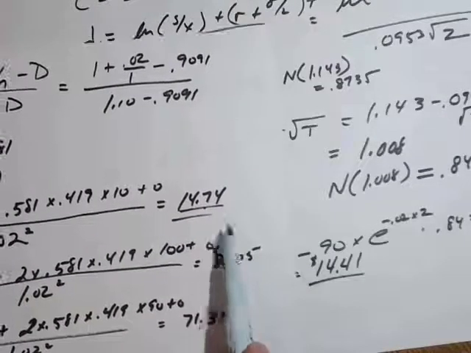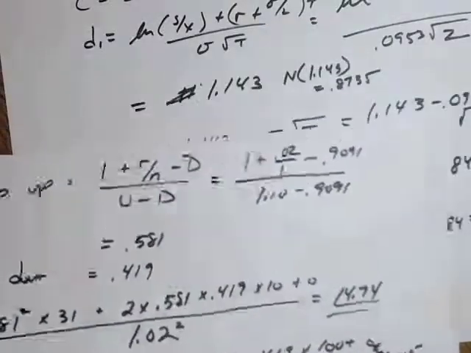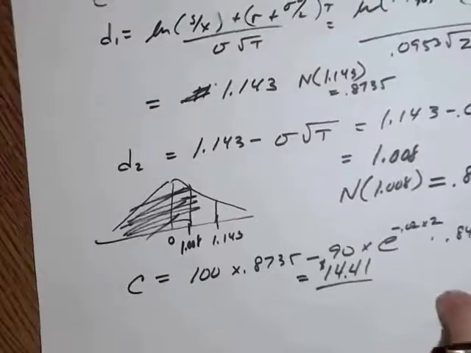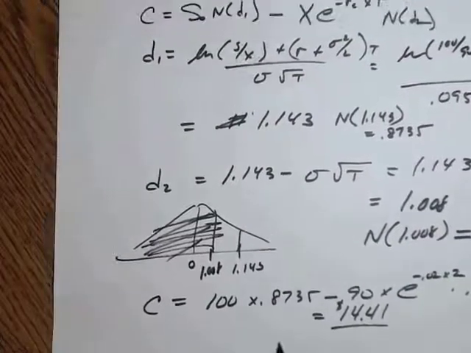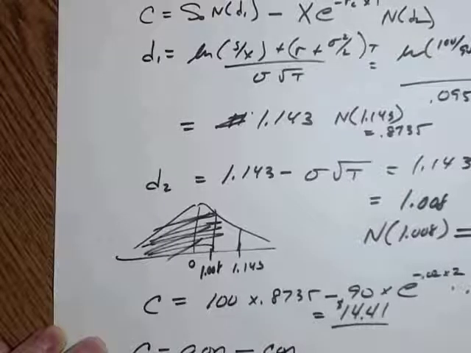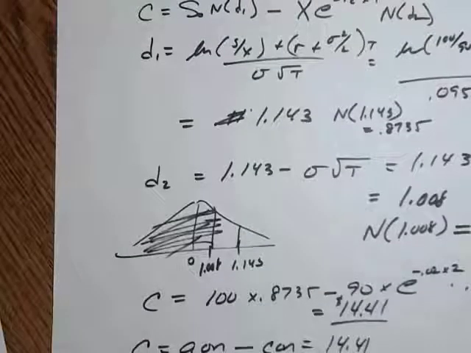I mean, we're off about 33 cents using the binomial. Again, that difference is due to the fact that we did 2 steps instead of an infinite number of steps. Okay, so now what we should see is when we calculate the asset or nothing using the Black-Scholes, and we subtract off the cash or nothing using the Black-Scholes, we should get 14.41 here.